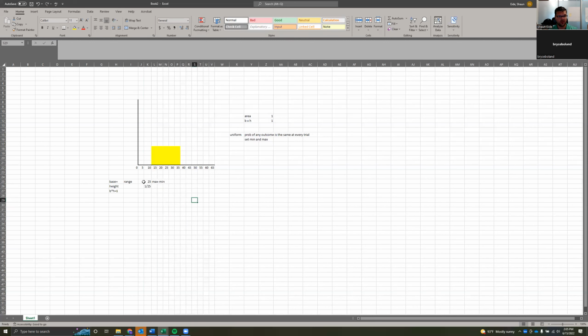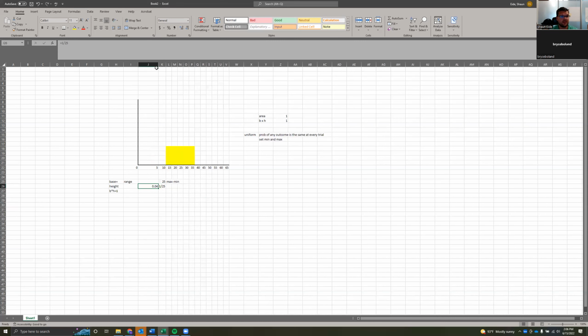If we know the base, which is 25, then 25 multiplied by the height equals 1. So the height is going to be 1 over whatever the base is. That is 1 divided by 25, which is 0.04.